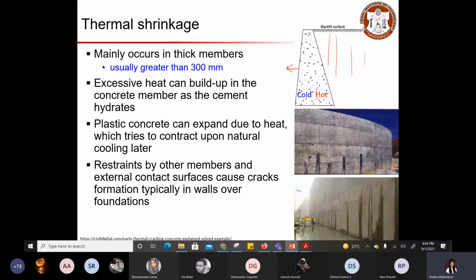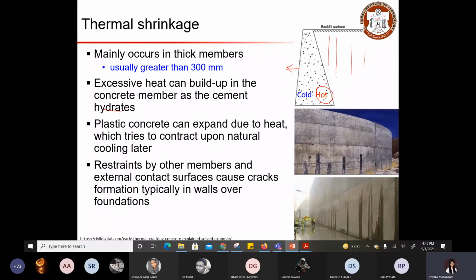In this case, inside your concrete element, the temperature will be high due to its hydration, and the temperature dissipates as you move away from this place, because when it is exposed, some of the temperature will be lost to the environment. So the region which is exposed to the outside environment will be relatively cold compared to inside.